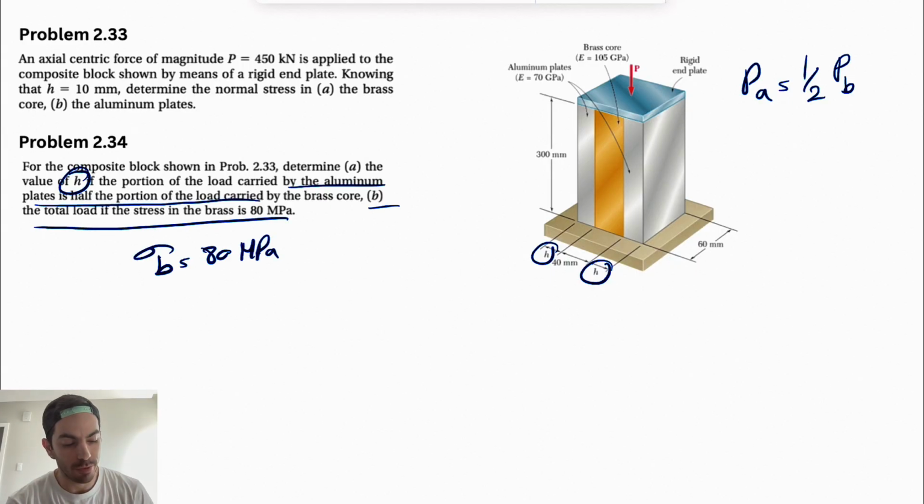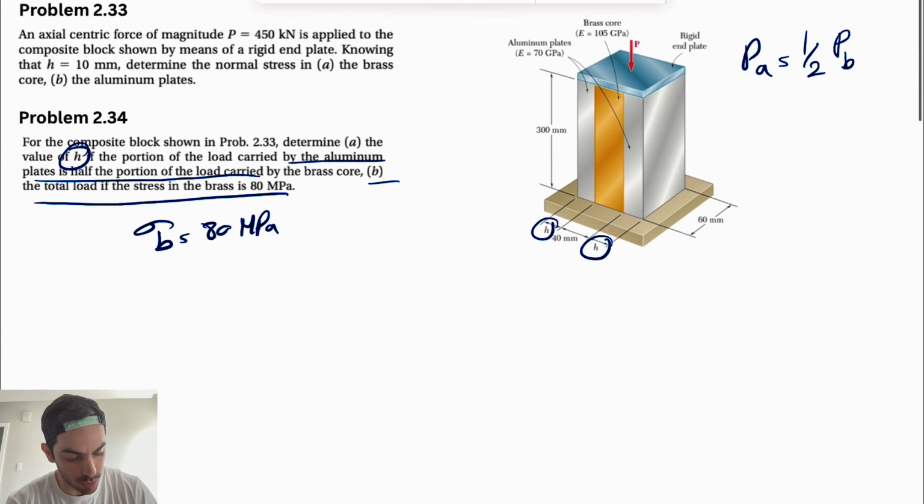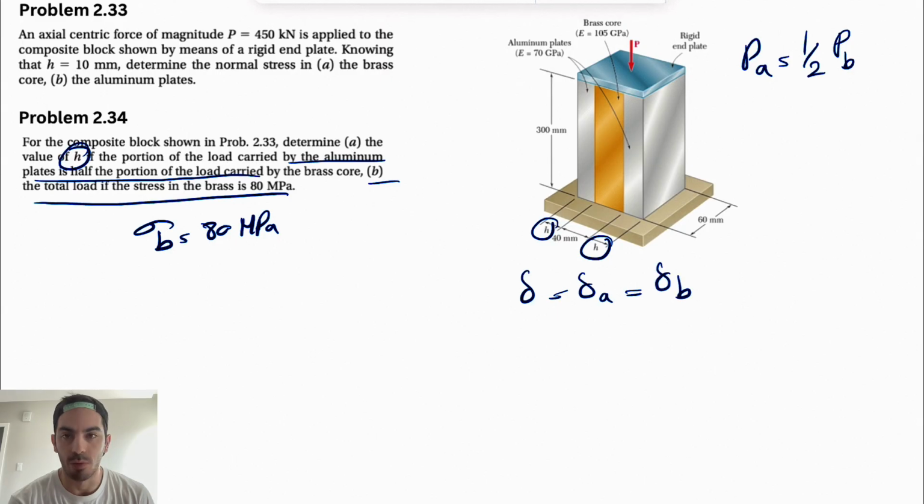And if you remember the previous question, we had the deformation of the whole system, which we call delta, which was the deformation of the aluminum, and it will be the same as the deformation of the brass. We're going to have a formula for each of these two, and based on that, we can figure out what H should be.